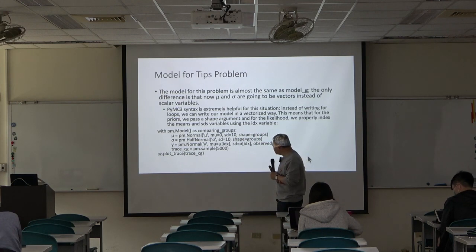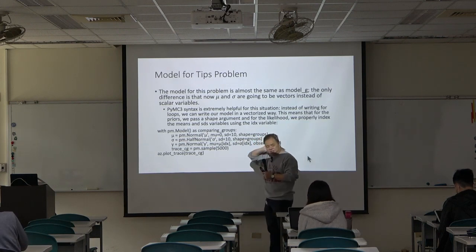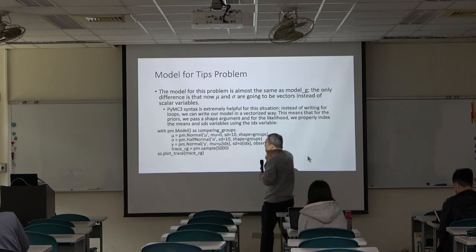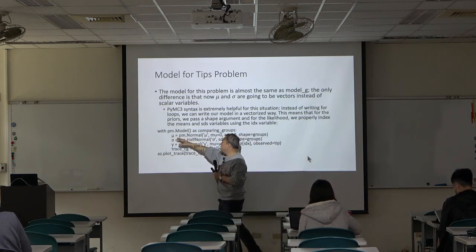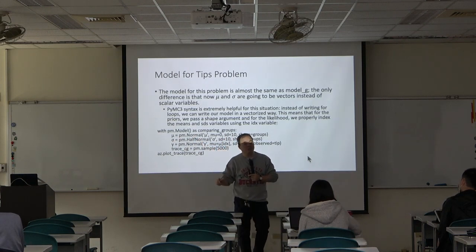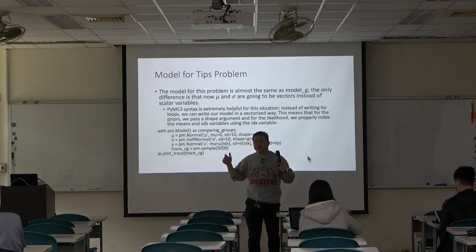To be honest, there is still something different in this model, because if you look at model G, you remember that for mu we did not use a normal distribution. We used a uniform distribution, between 40 and 70, if I remember correctly.